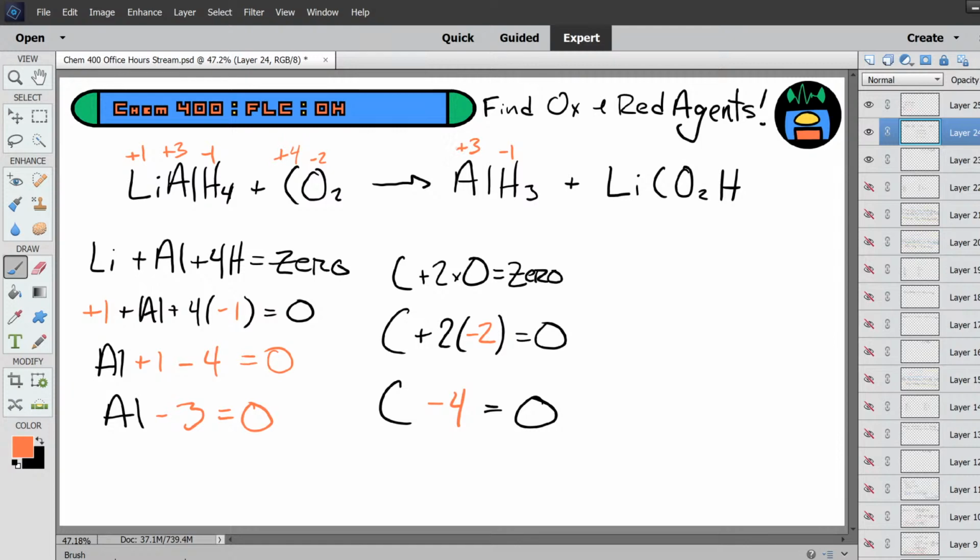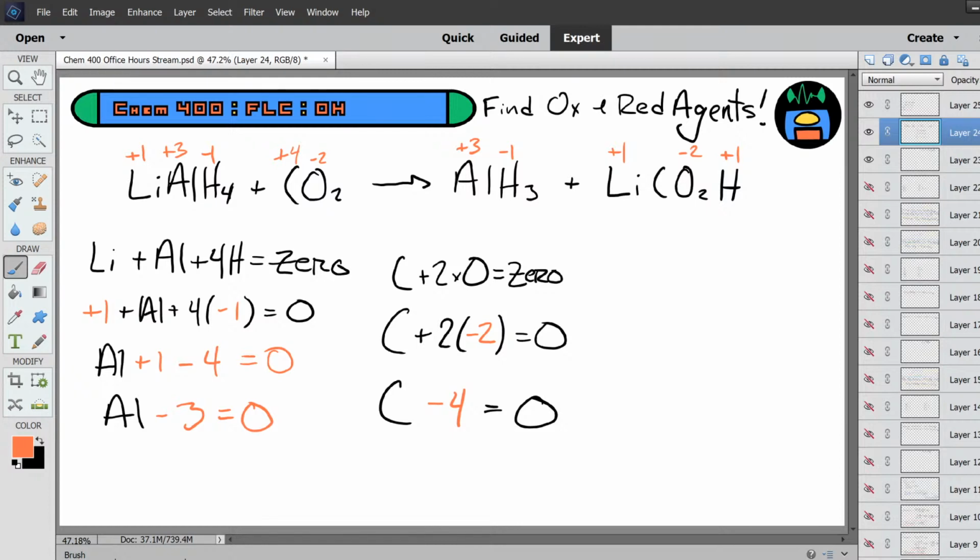All right, and now finally, we're on our last one, and hydrogen's not the only nonmetal. There are other nonmetals present, so it's a +1. Lithium, main group metal, also a +1. Between carbon and oxygen, we've talked about this already in this problem. Oxygen is more electronegative than carbon, so it picks up an oxidation state of -2.